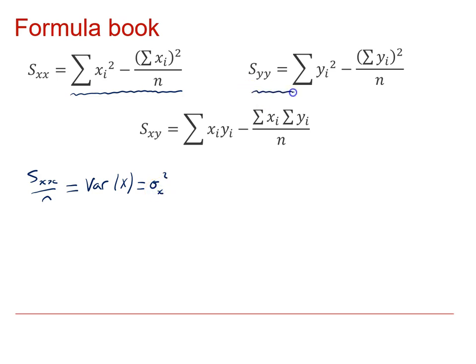Similarly for y, it looks exactly the same but with y values. So Syy over n is actually the variance of y, or sigma y squared.